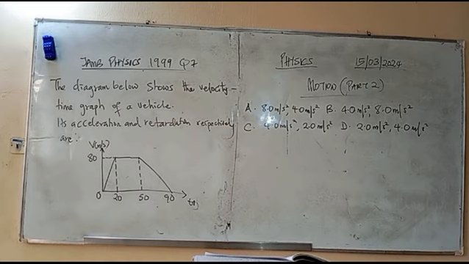Jude, let me see what you are doing. So, the question: the dark blue shows the velocity-time graph of the motion, and its acceleration and retardation respectively are. This is the velocity-time graph. Starting from rest, the velocity became 80 m/s at 50 seconds.